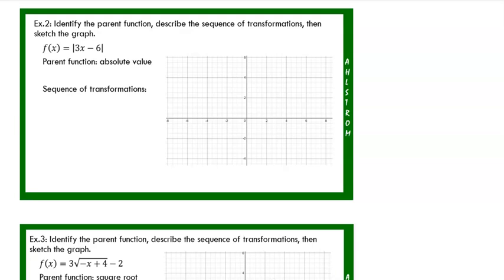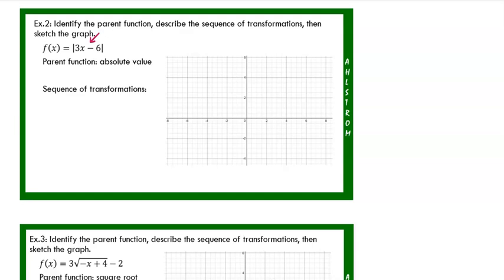Because if you add 6 to the x and then multiply, that's going to be a different number than if you multiply by the reciprocal of 3, which is 1/3, and then add 6 to it.